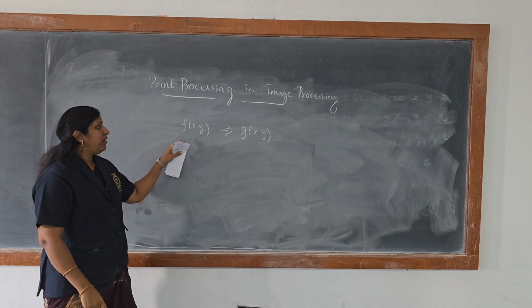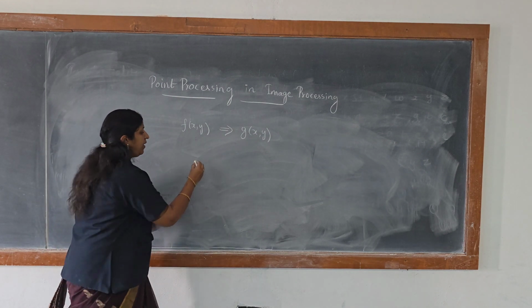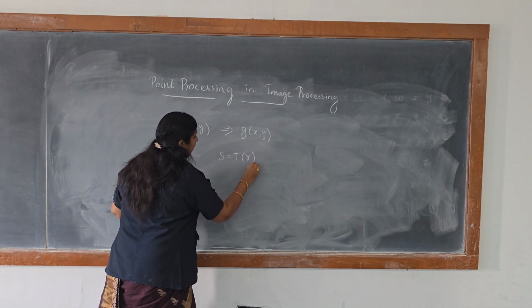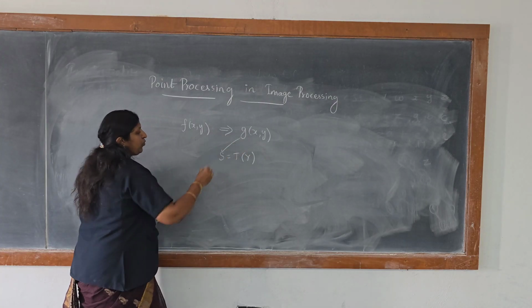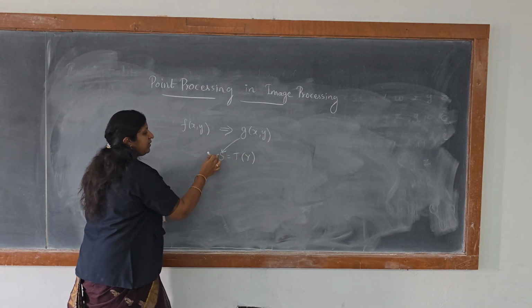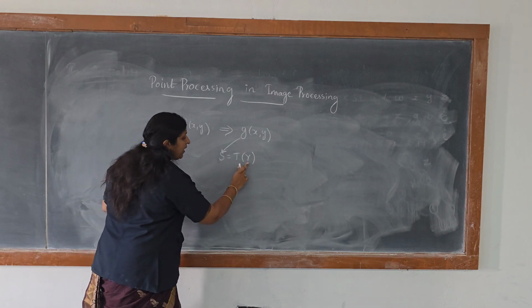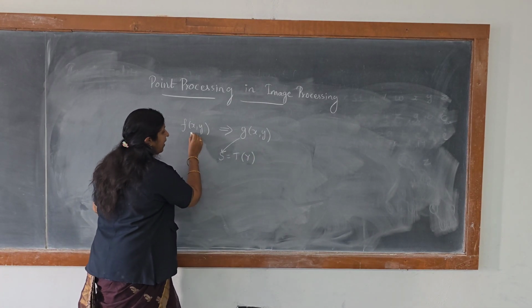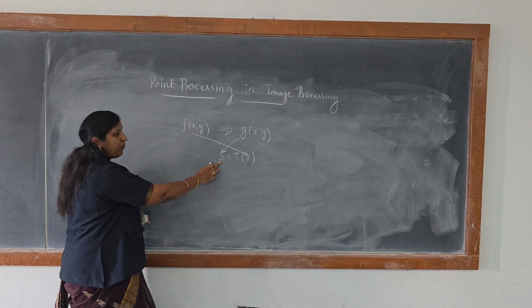This relationship can be represented using the formula S is equal to T of R. Here S means the output pixel value. This output pixel value we get only by modifying the input pixel R. So R is the input pixel value and S is the output pixel value.